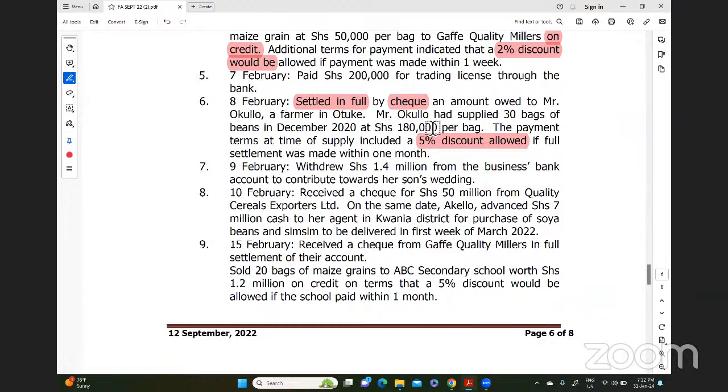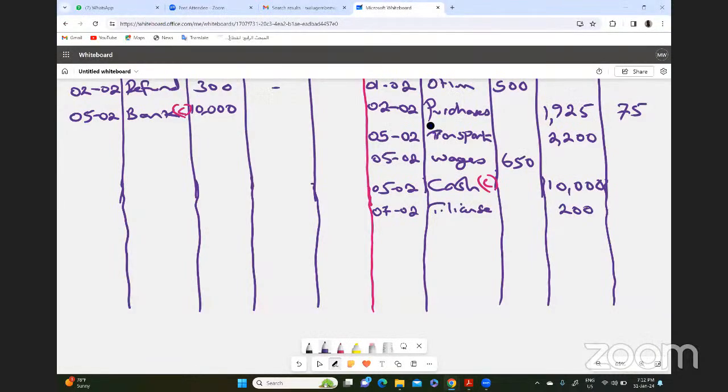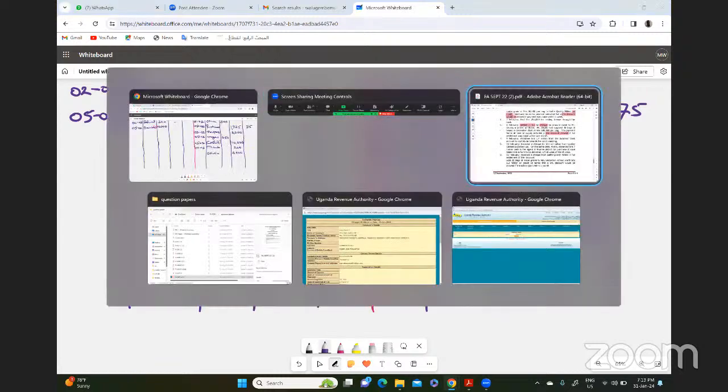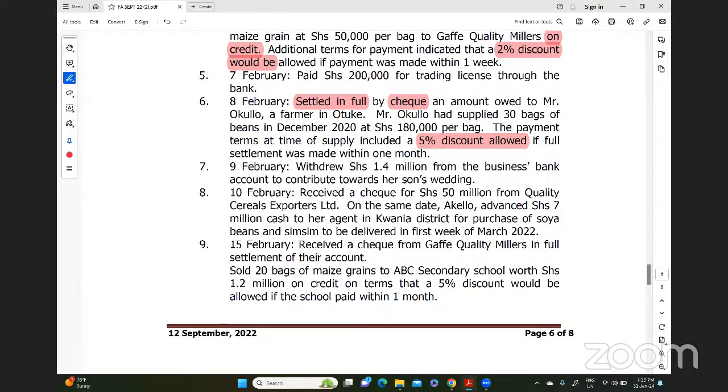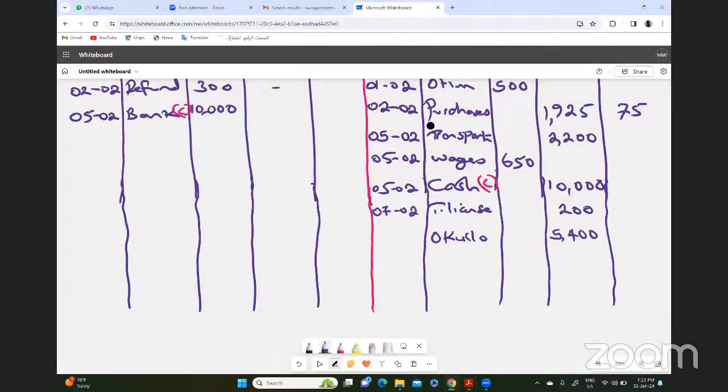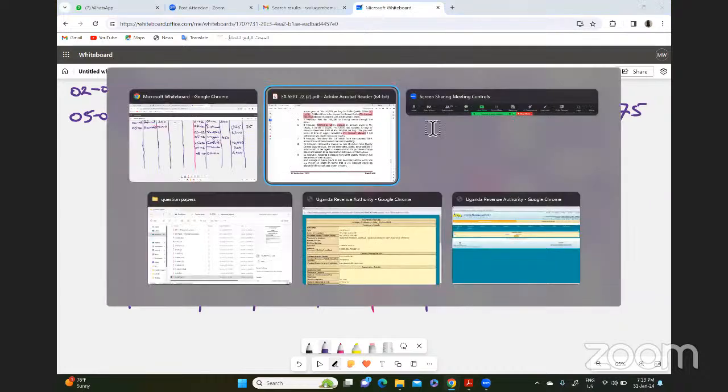So 5.4 million is settling everything by check. Okay, 8th of Feb.